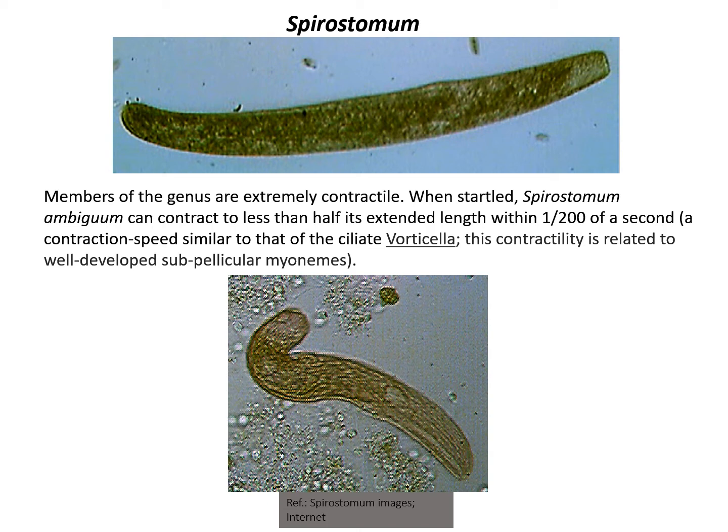When startled, Spirostomum ambiguum can contract to less than half its extended length within 1/200th of a second, a contraction speed similar to that of the ciliate Vorticella. This contractility is related to well-developed subpellicular myonemes.